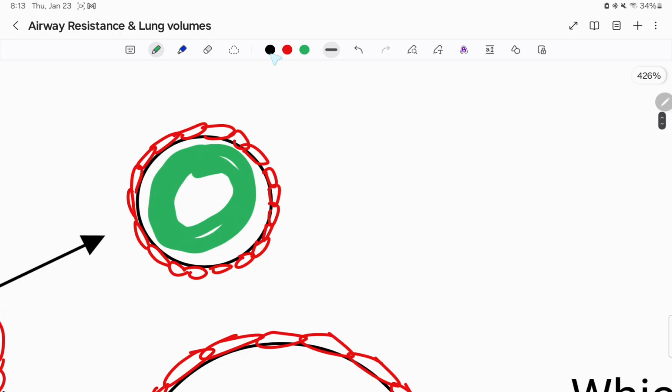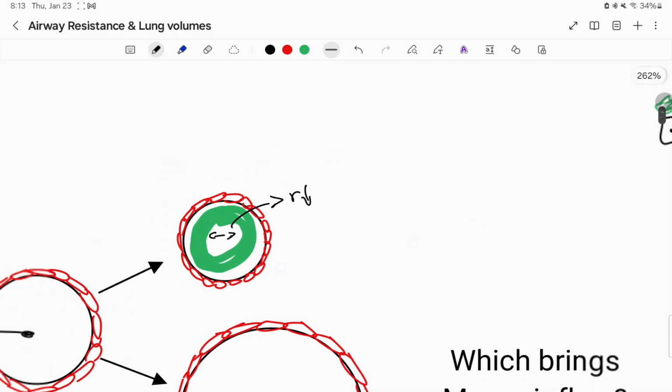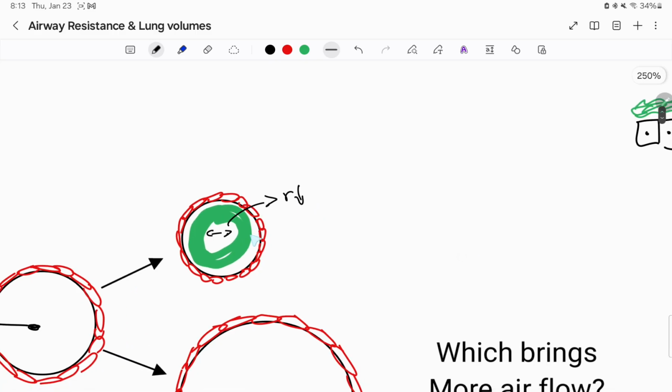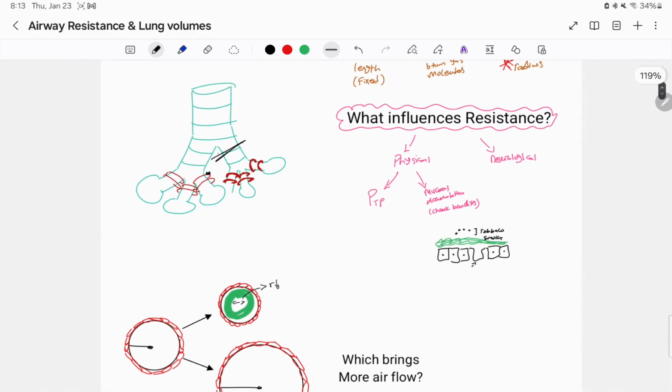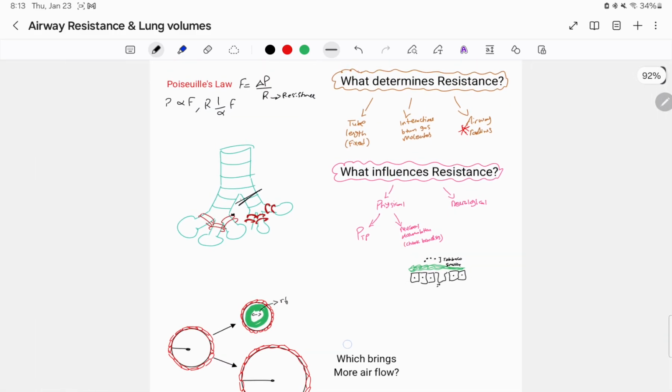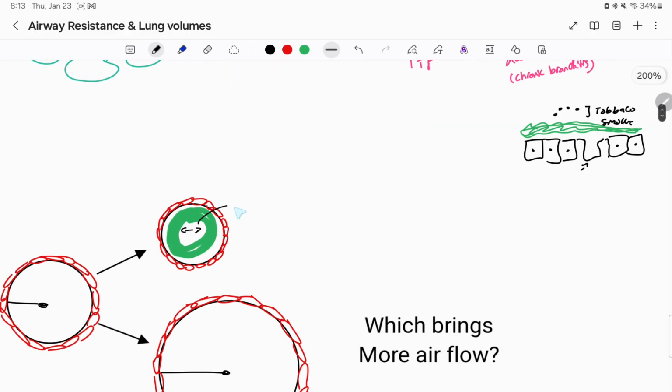Do you notice how the lumen is so much smaller now than it was previously? Why? Because I have all this mucus buildup. Well, if the lumen, or another way I can say this, the radius, is super low, what happens to the resistance? The airway resistance to the airflow goes up. That's very, very important. So that's that.